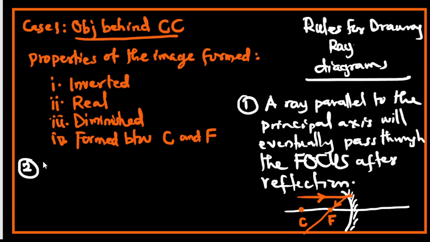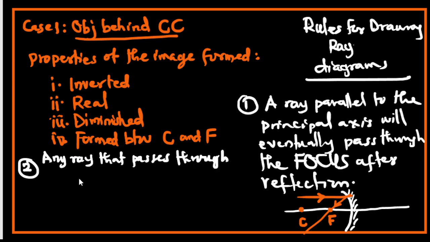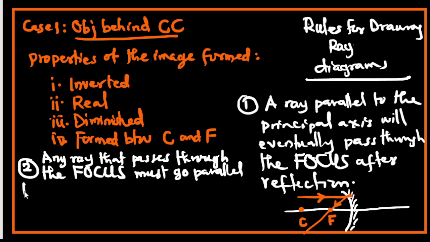Number 2, any ray that passes through the principal focus must go parallel to the principal axis after reflection.